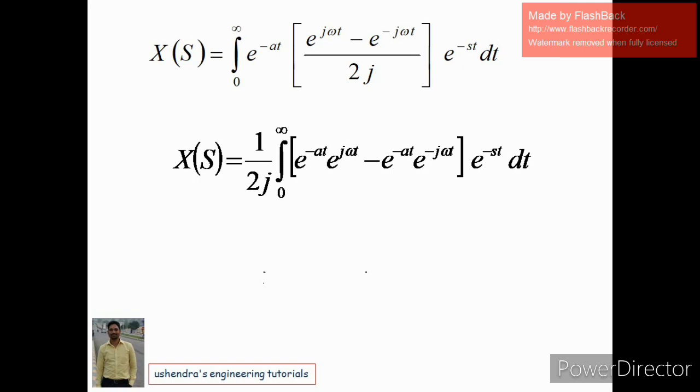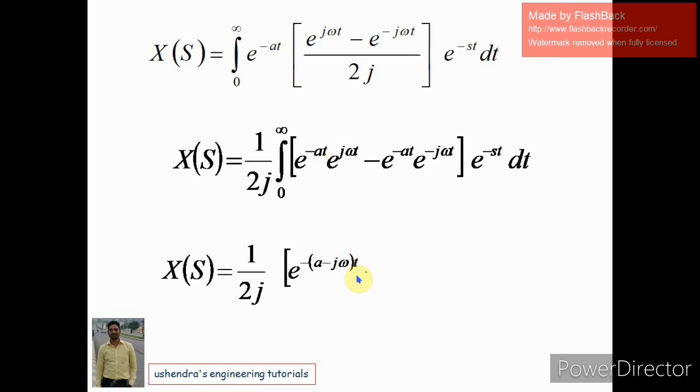Still we have some more simplification over here. Going ahead, X of s will have nothing to do with the term 1 upon 2j. It's as it is, and taking out exponential and negative and t from these two terms. See, watch carefully: e is taken out as common, minus, and when negative is taken out as common from these two, a will be here and minus j omega from here, and t from both the terms common.